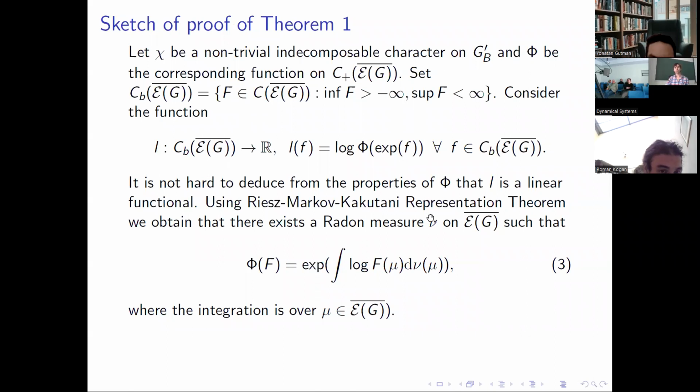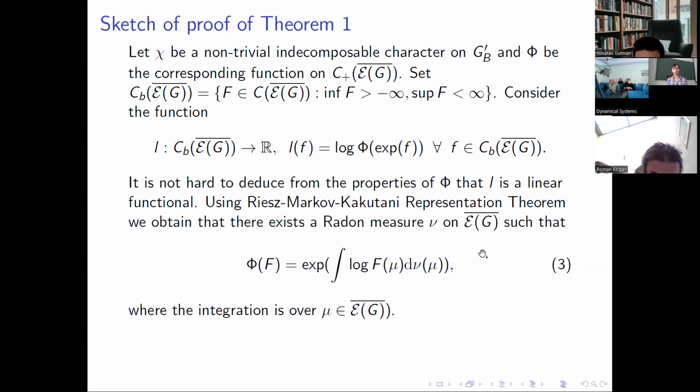And so using Riesz–Markov–Kakutani representation theorem, we obtain that there exists an ergodic measure nu defining this linear functional through integral, and coming back to the function capital phi, we obtain this formula that for any capital F, phi of capital F is exponent of integral of logarithm of F over this measure nu.